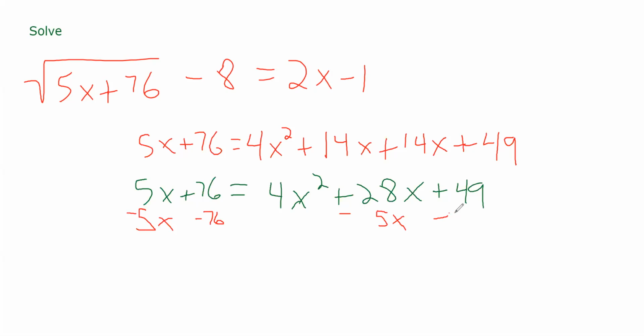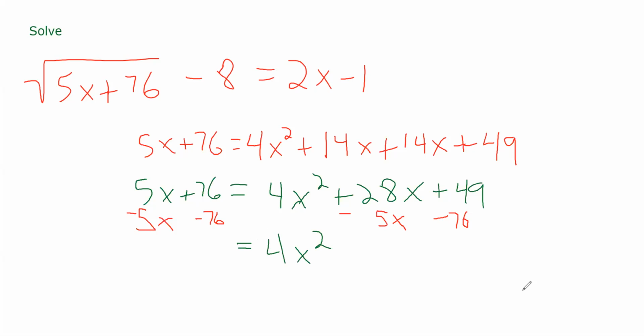I need to move this 76 over. And now we have a little bit of math we need to do. Of course, the 4x squared is fine as it is. 4x squared is good to go.